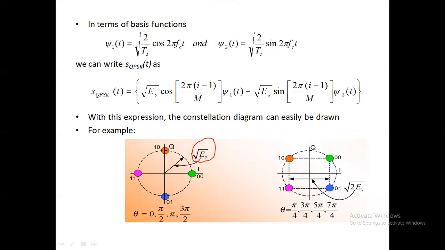So I can say this is a unit circle having coordinates 1, 0, and having coordinates 0, 1, and having coordinates -1, 0, and having coordinates 0, -1.